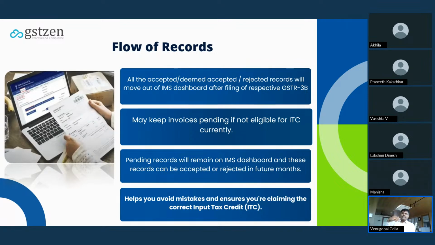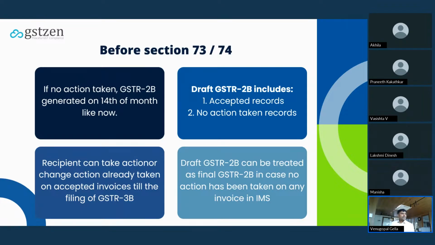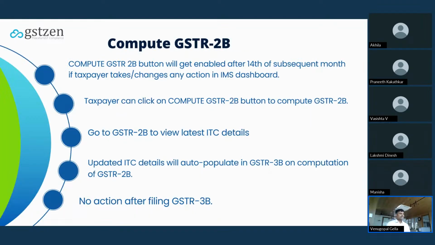If you make a rejection, again, it would go out of your IMS dashboard. If no action is taken, then the GSTR-2B, which is generated on the 14th of the month, which is like now, is going to be your final records. So the draft 2B is going to become the final GSTR-3B.